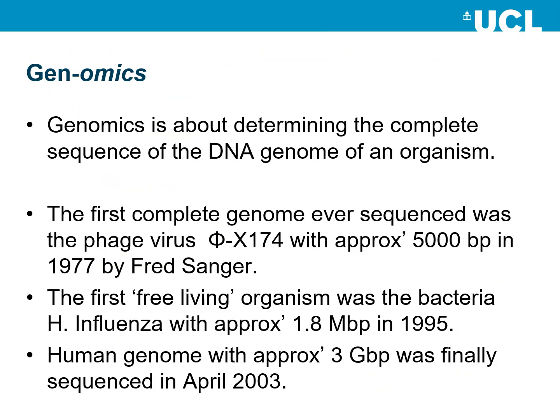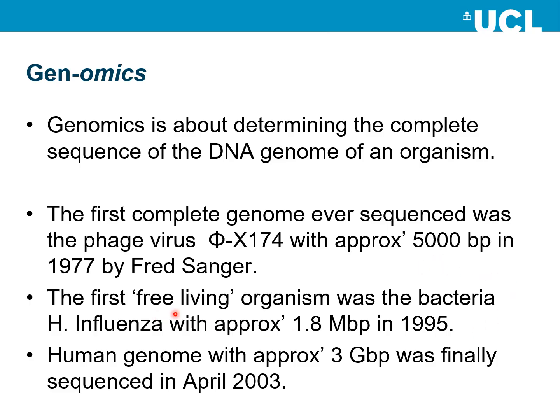So going a bit more into detail on these technologies, David's already discussed genomics quite a lot. Genomics is about determining the complete sequence of the DNA genome of an organism. This was first carried out in a very small phage virus, about 5 kilobases, 5,000 base pairs, in 1977 by Fred Sanger, who got the Nobel Prize, and the Sanger Institute in Cambridge is named after him for this accomplishment.